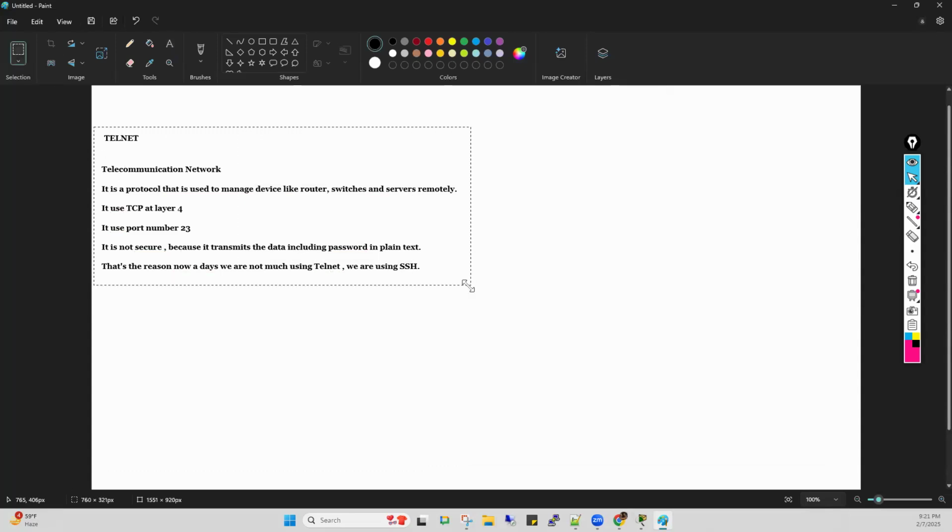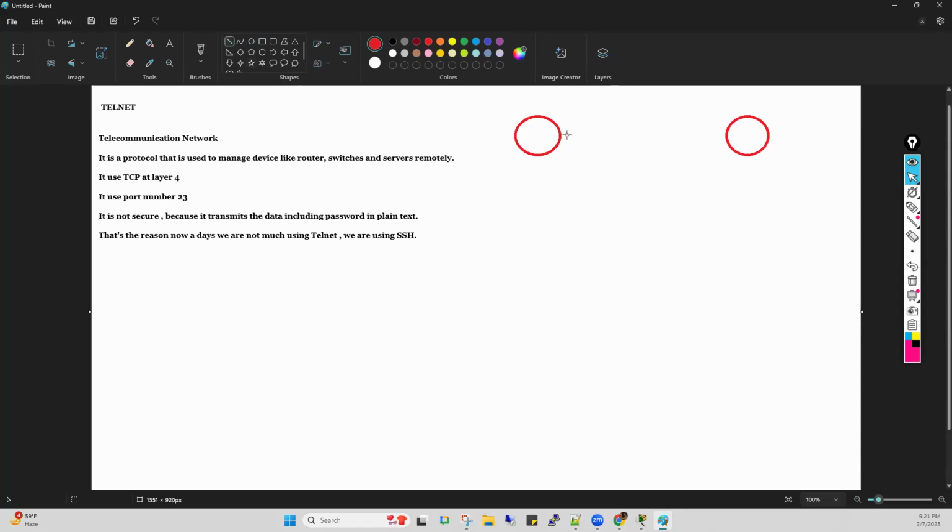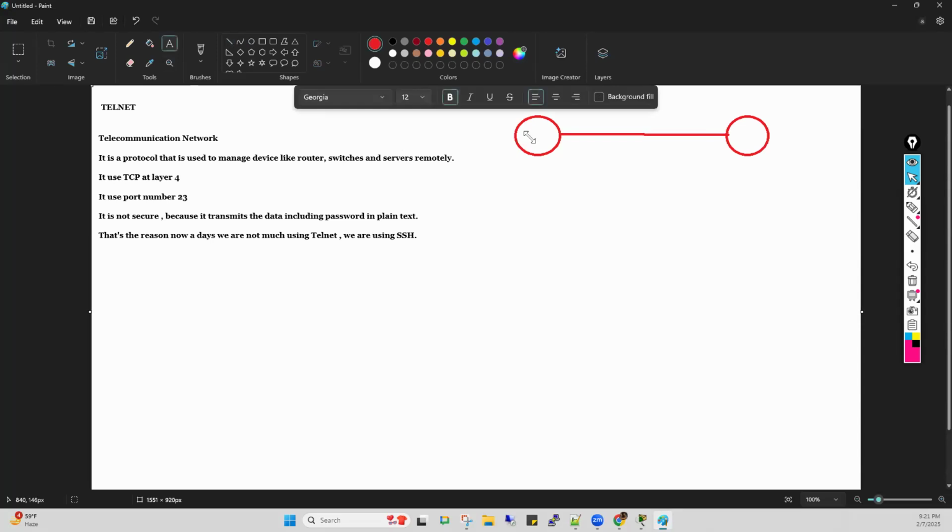Now you need to understand how we can configure Telnet. I am giving you a scenario. Try to understand. For example, this is a router. Both routers are connected like this. So this is router number 1 and this is router number 2. Clear guys? Yes or no?